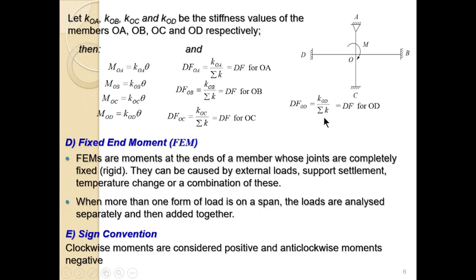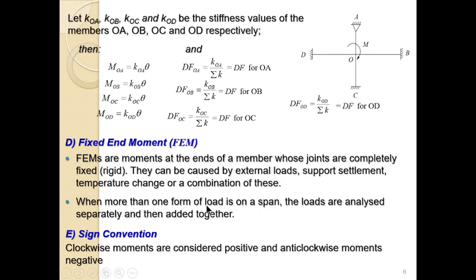Now another thing we need to consider is fixed end moment. Fixed end moments are moments at the end of a member whose joints are completely fixed. They can be caused by external load, support settlement, temperature change, or a combination of these factors.